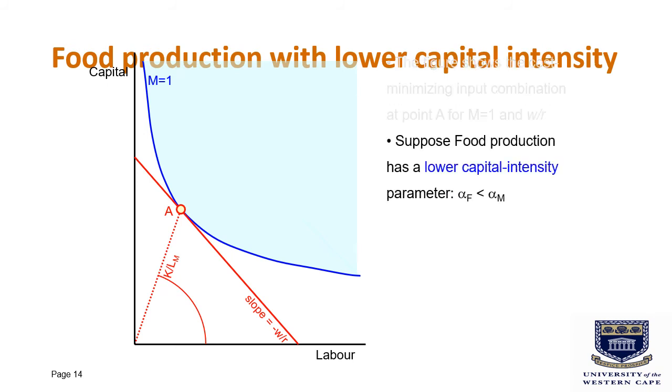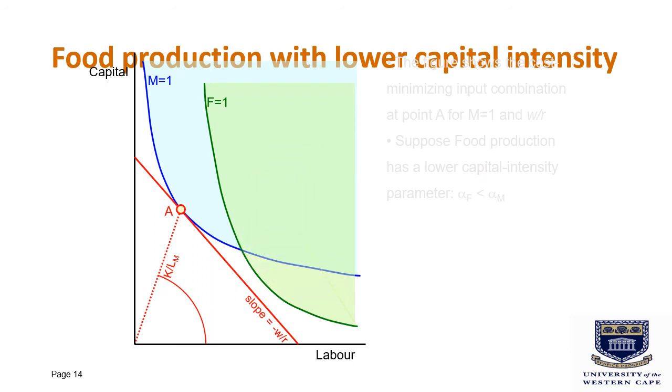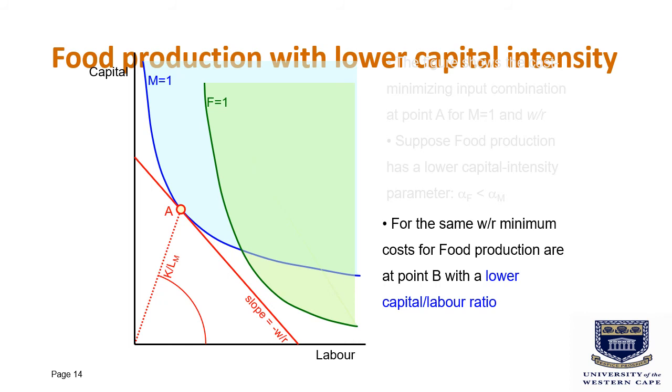When we depict the food isoquant, it is the green line. It also has a lower capital intensity, meaning its alpha value is less than that for manufacturing, which has a higher alpha value. Finding the point of section just means finding the point of intersection, or the point of tangency.